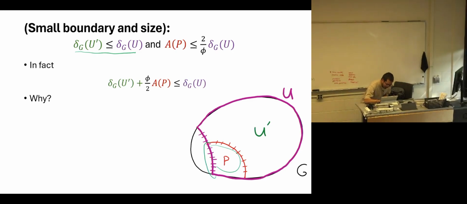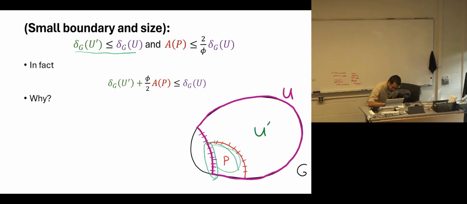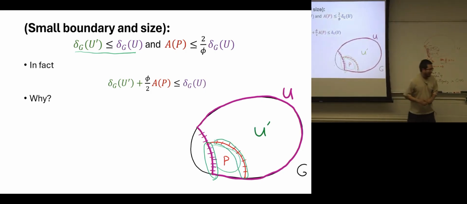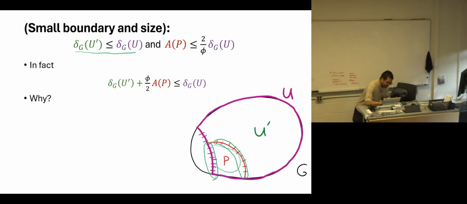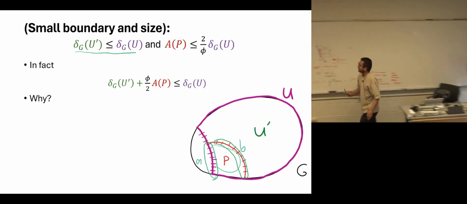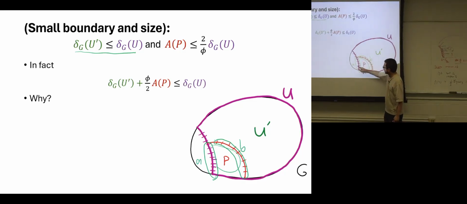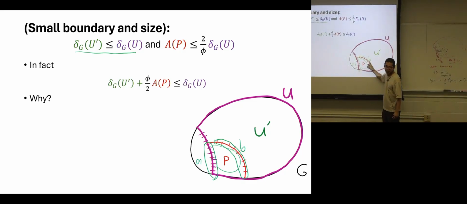The flow from this part got stuck here only because, if this is A and this is B, the only reason that we get stuck here is because B is less than A. There is a bottleneck that prevents the flow from here to here. So it means that's why this part B is smaller than A.